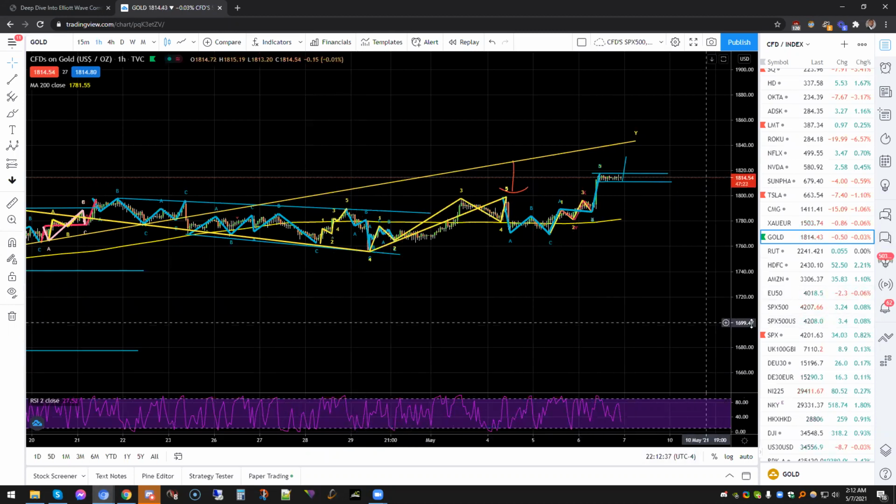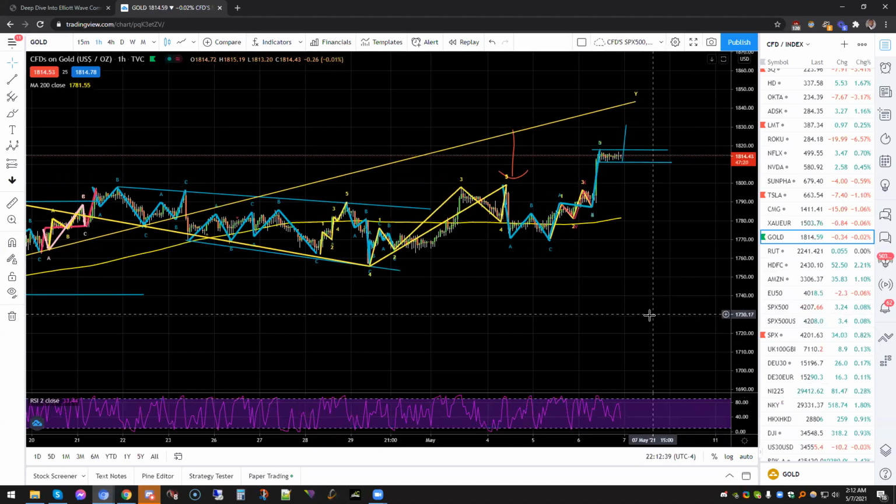Do you guys think that you can identify these three-wave moves? These three-wave moves are very, very common, especially in the Forex market. They're very common on gold. On gold, finding five-wave moves is not necessarily the easiest thing to find.